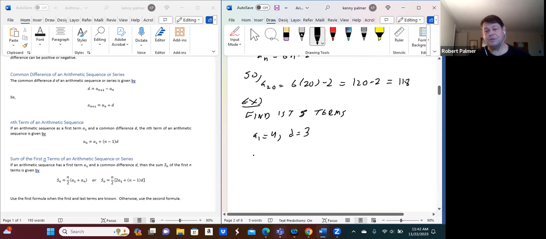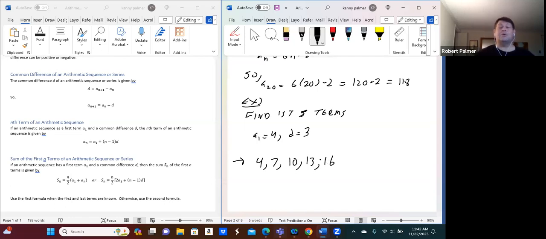If a_1 is 4, then the next term is going to be 4 plus 3, which is 7. The next term is 7 plus 3, which is 10. The next term is 10 plus 3, which is 13. And then the last one, 13 plus 3, is 16. Of course we can go on further if we want, but that's it.